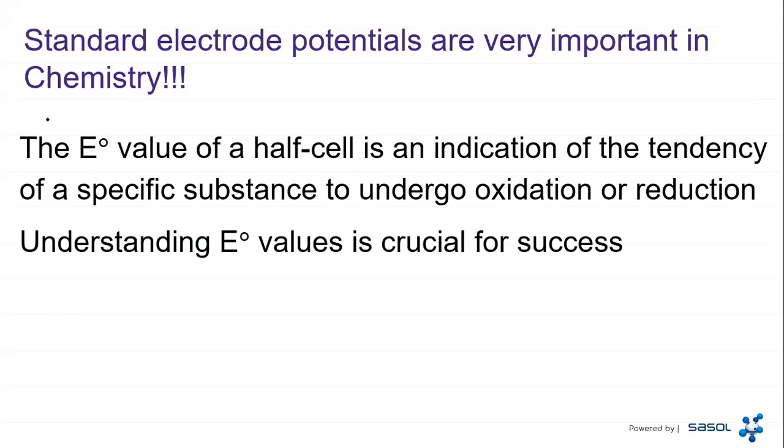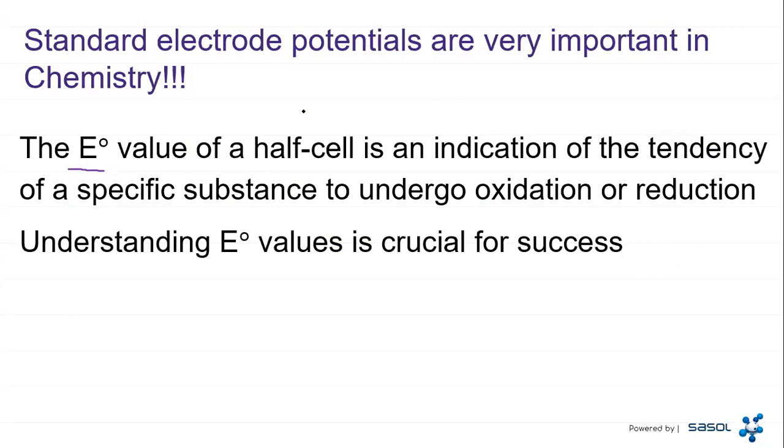Now, we know that we are required to calculate the E0 value of a half cell, the E0 value of the second half cell, but we are also required to calculate the EMF of the cell, which is the E0 value of a cell. So here, my dear learners, we say the E0 value of a half cell is an indication of the tendency of a specific substance to undergo oxidation or reduction altogether.